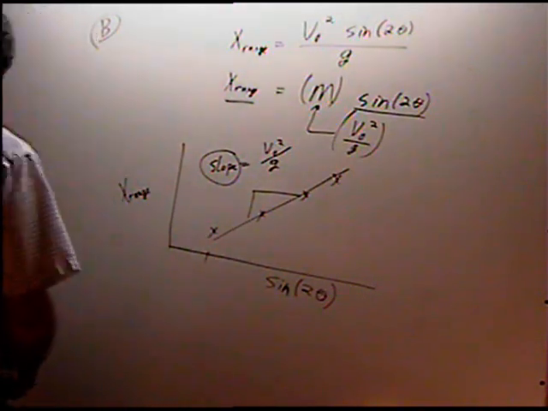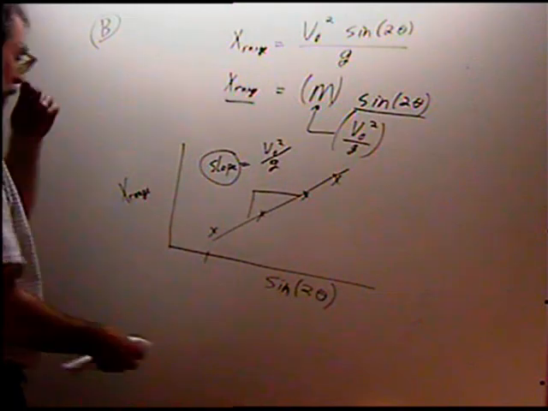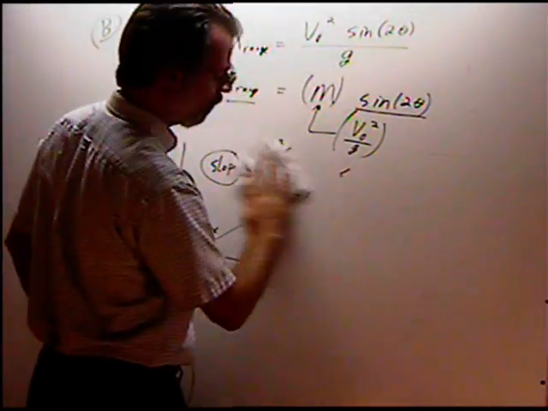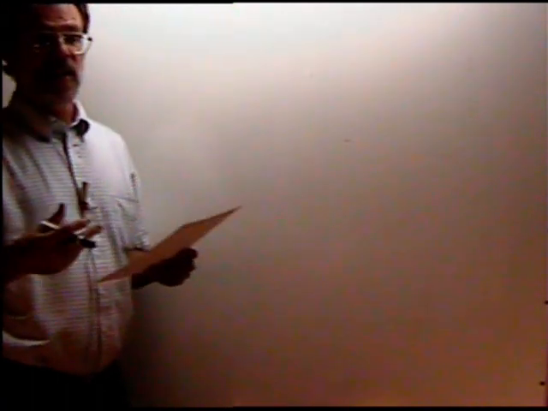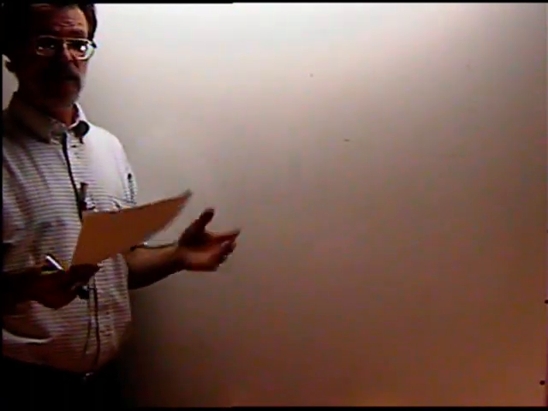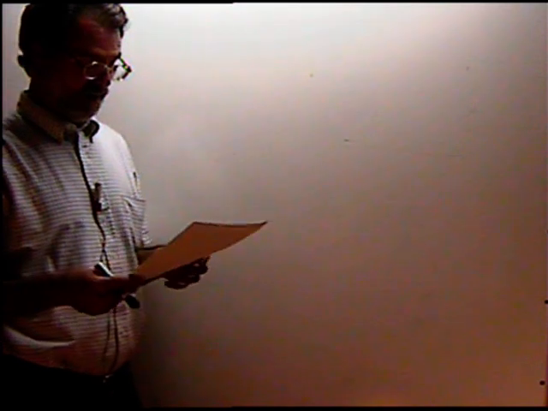That's the first lab. The second lab is a numerical lab. This is a lab where you're simply going to calculate a projectile motion, using Excel or some kind of spreadsheet.